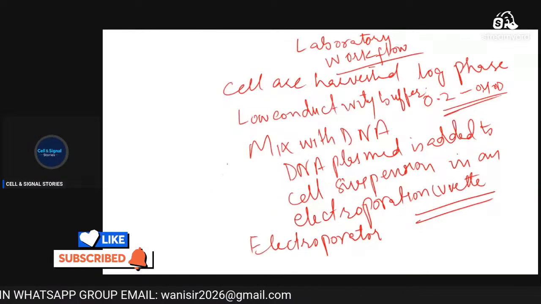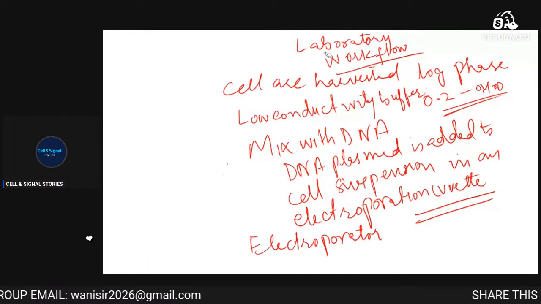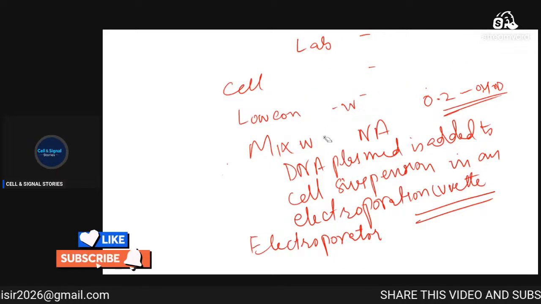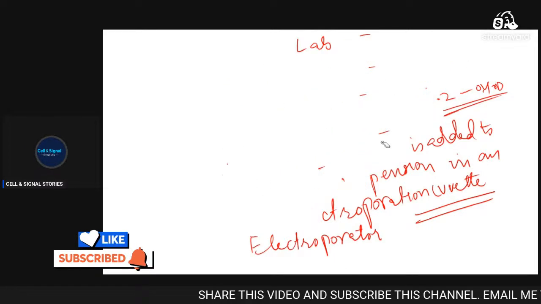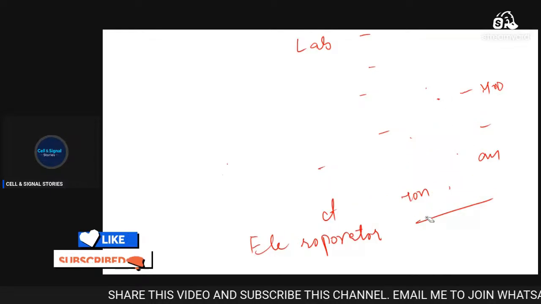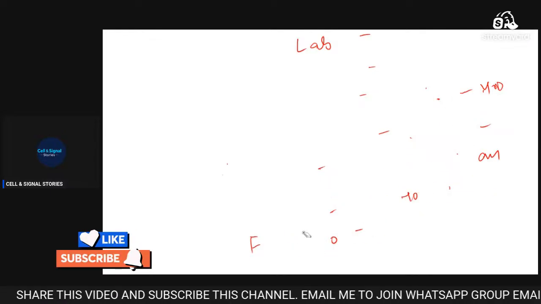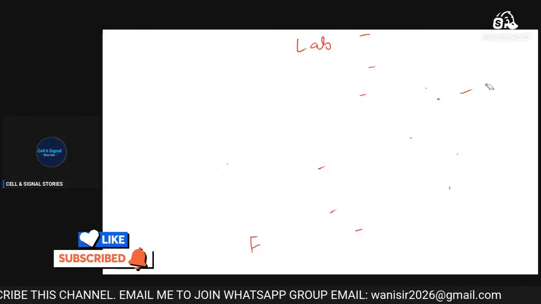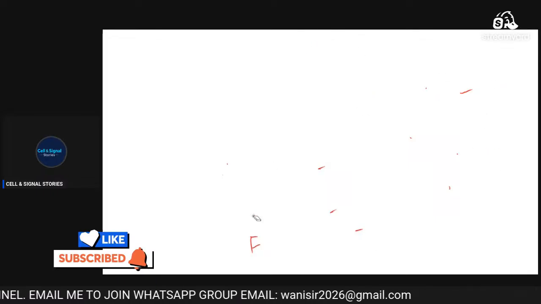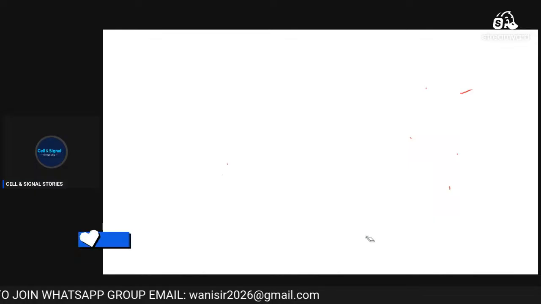It is very easy, as I am explaining: we take cells from the log phase of the culture, put these cells into the cuvette, add the DNA into the cuvette, and then apply the voltage through the electroporator, with the cells inside the cuvette flanked by the electrodes.